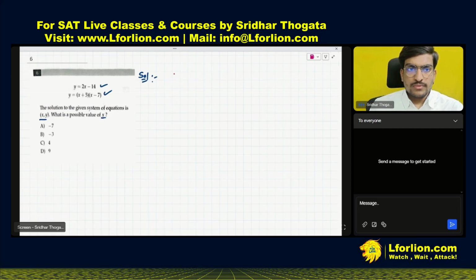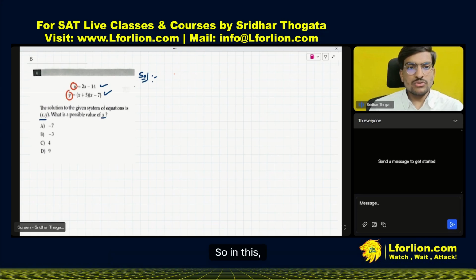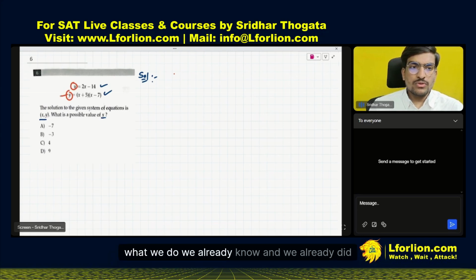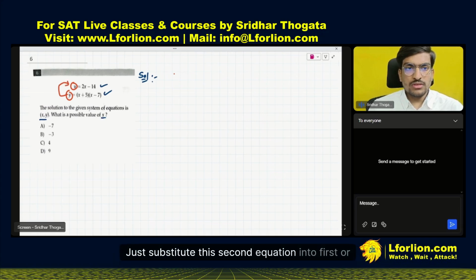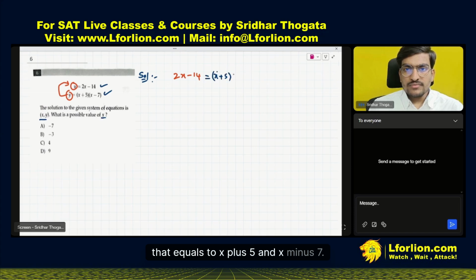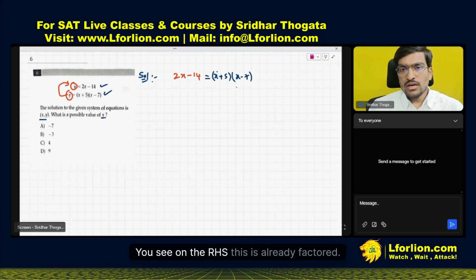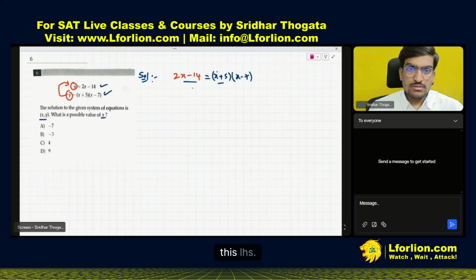So let's see. Here you can see clearly two y equations are given directly. In this situation, we already know, and we already did problems like this, just substitute the second equation into the first, or the first equation into the second, in the place of y. That's it. So what happens if we do that? 2x minus 14 equals x plus 5 times x minus 7. On the RHS this is already factorized, so can we factorize the LHS?